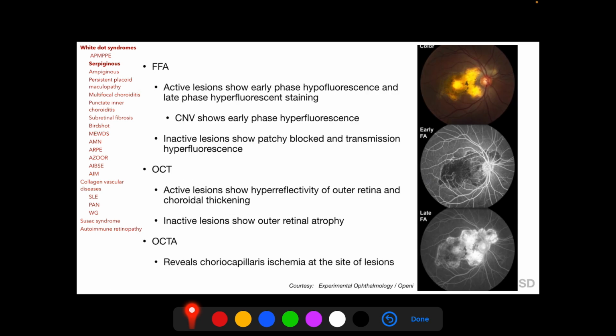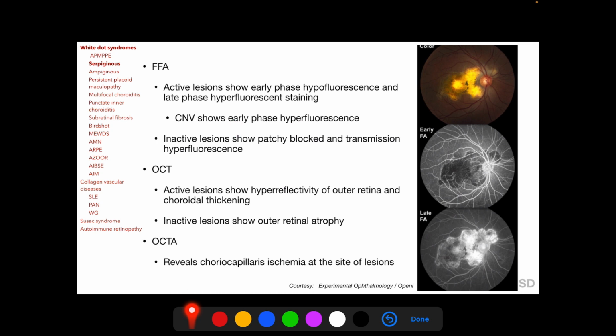On fluorescent angiography, active lesions show hypofluorescence in the early phase and hyperfluorescent staining in the late phase. So we find hypofluorescence in the early phase and hyperfluorescent staining in the late phase. However, if there is a choroidal neovascularization, we will see hyperfluorescence in the early phase also.